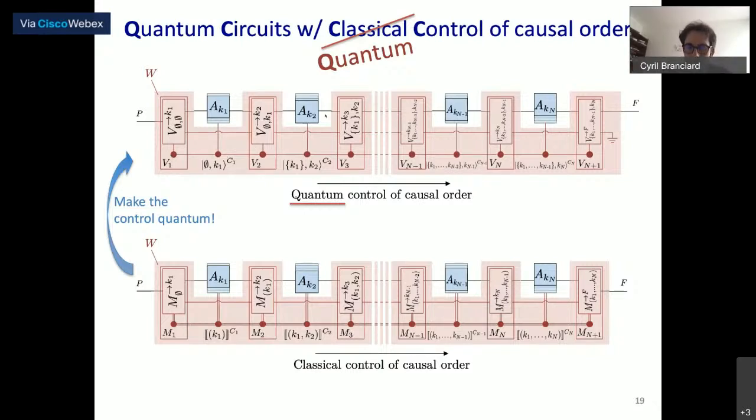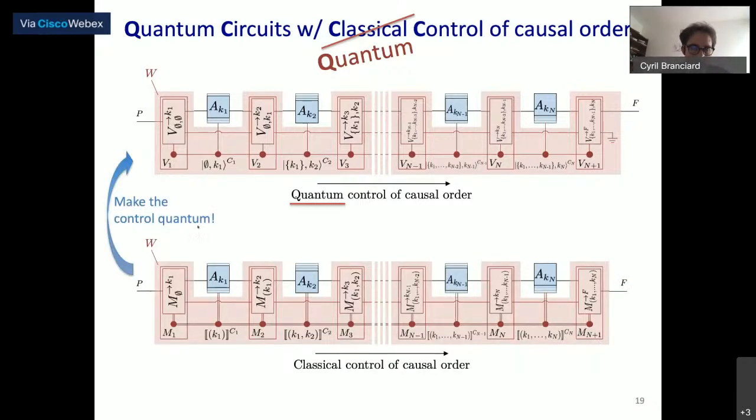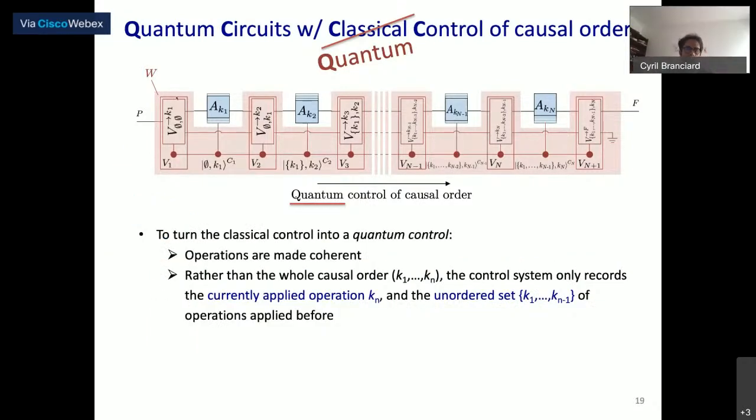There are a few tricks here. So first thing to notice is that we actually make all these operations coherent. So here we were just using some kind of incoherent description of CP maps. Here we make the operations coherent. Essentially, these would correspond to the Kraus operators of the CP maps that we used as a representation before.